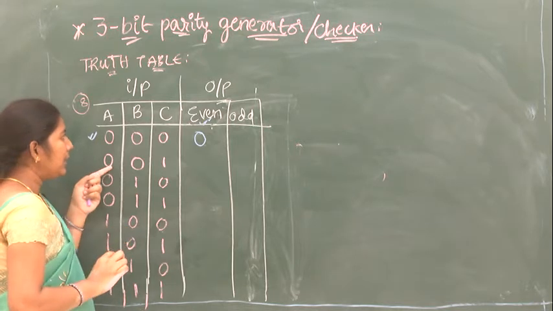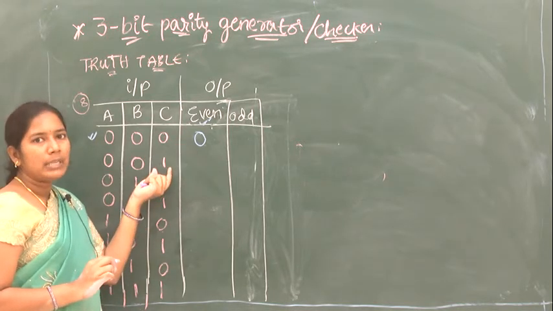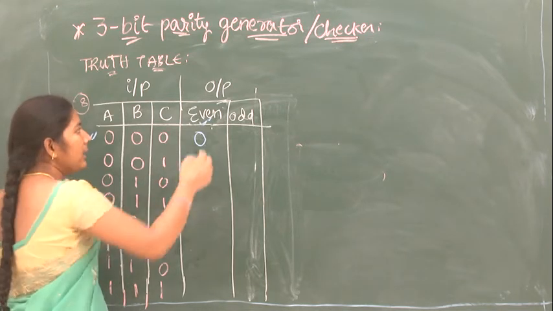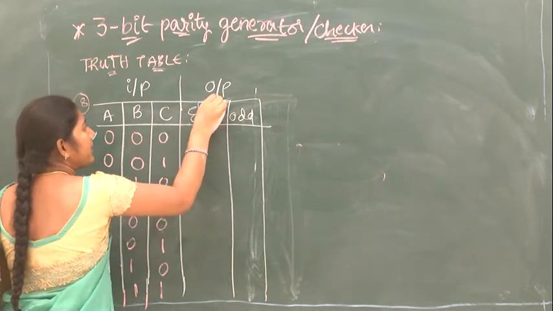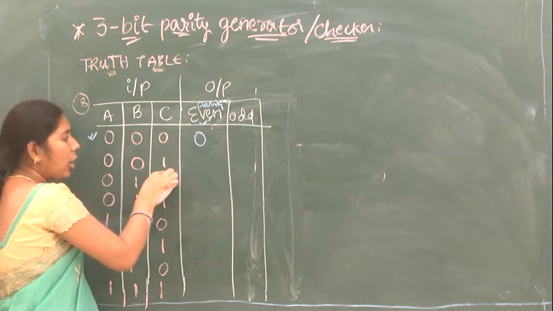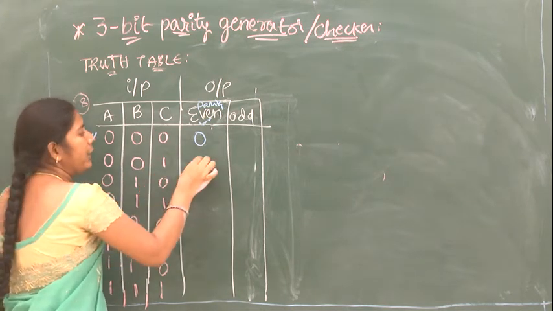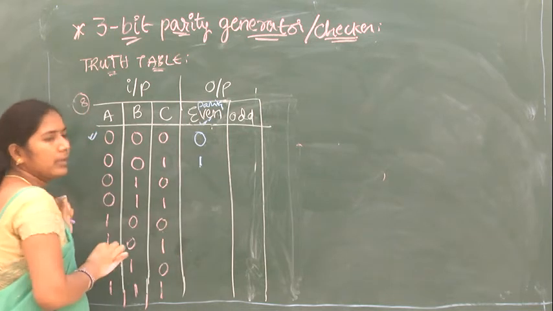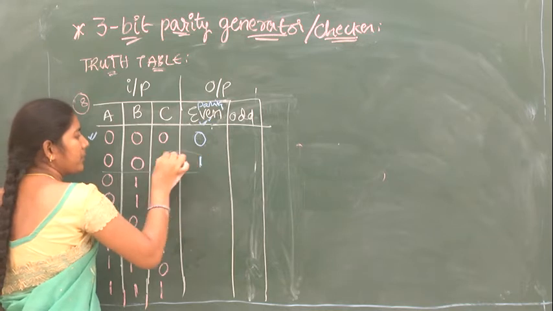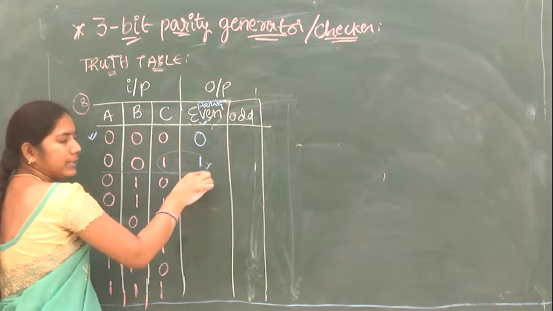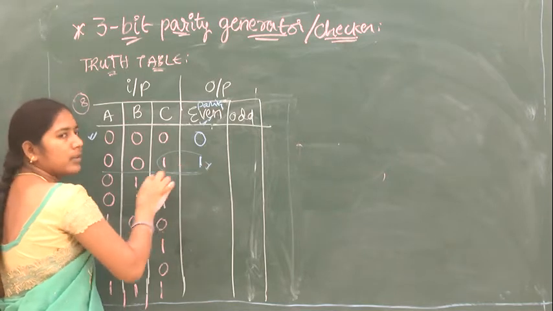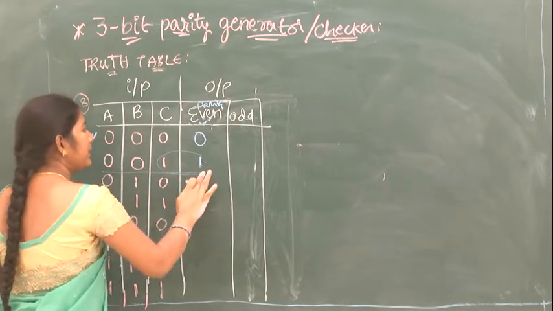Here we need to make the total number of ones even, including the parity bit. This is the parity bit. Already we have an odd number of ones, so if I put 1 here, then the total number of ones including parity is even. Here we have 2 ones, which means an even number.